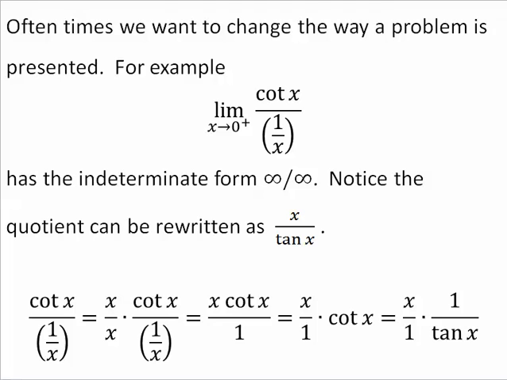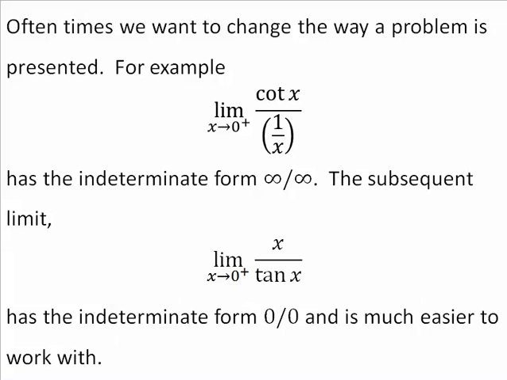But notice that the quotient can be rewritten as x over tangent x. And so even though L'Hopital's rule can be used with how it's written, the limit using the simplified form of the quotient also has an indeterminate form that is allowed by L'Hopital's rule.